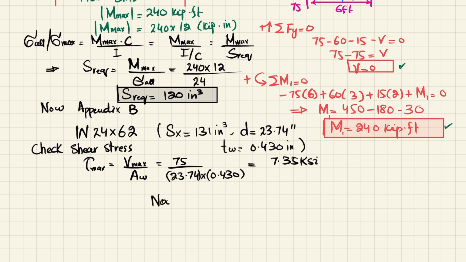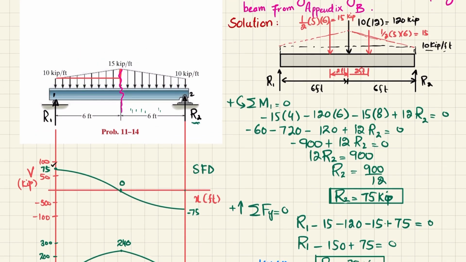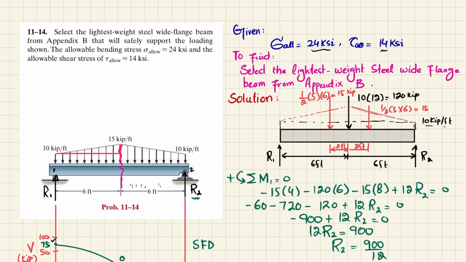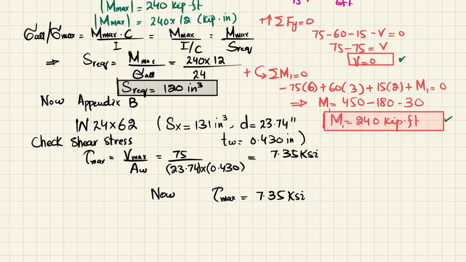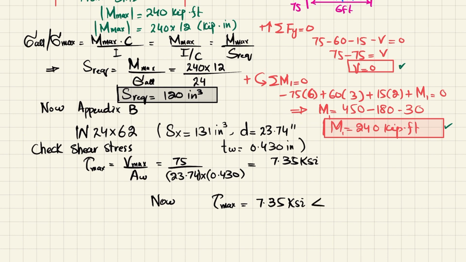Now you can see this maximum shearing stress is equal to 7.35 KSI. We will check it with the allowable shearing stress. So allowable shearing stress is 14 KSI. So this is less than allowable shearing stress, which is 14 KSI.